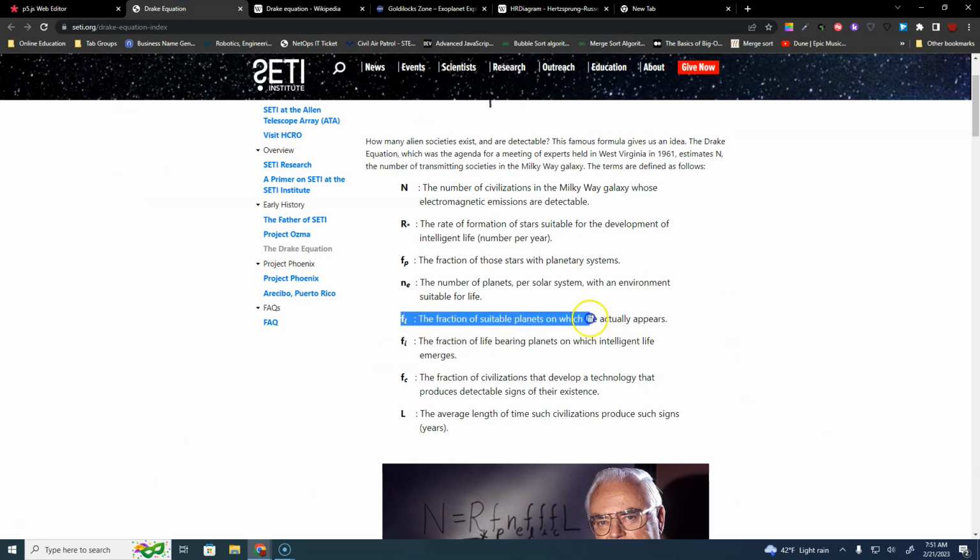Now, what we would assume is that, okay, of all the life that has developed on these, what is the percentage? So that's between 0 and 1, and again, we can't do exact 0 of those that have developed intelligent life. So we're not just talking about plants or insects.